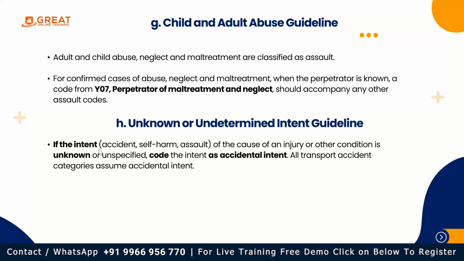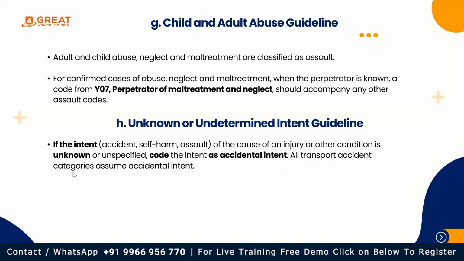If the physician has not documented the intent, and we have to select a code with options like accidental intent or self-harm intent, but we don't have any specification about the intent, in that case we have to select the accidental intent code. This is the default. Accidental intent is the default when you don't have any information about the intent of that cause.